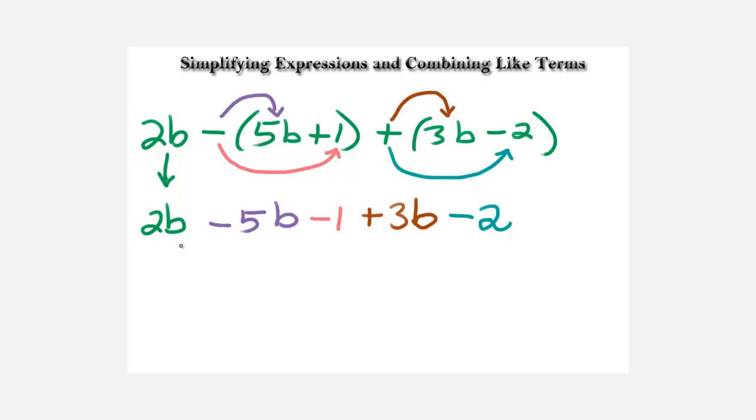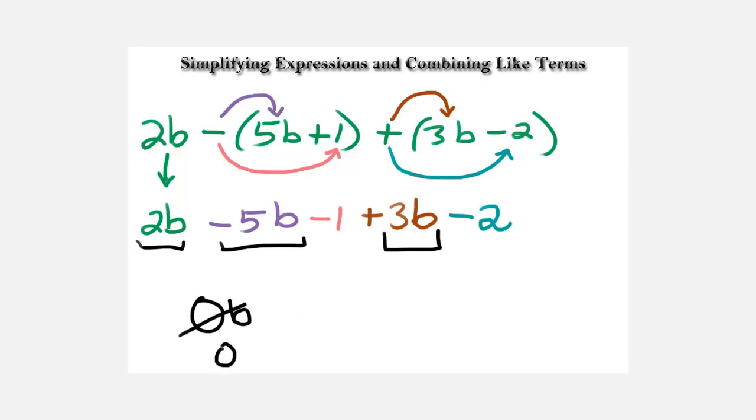Now we can combine like terms here, right? We have a 2b here, we have a negative 5b here, right? And we have a 3b here. So 2b minus 5b, that's negative 3b plus the 3b, so it's 0b, right? Which is 0.